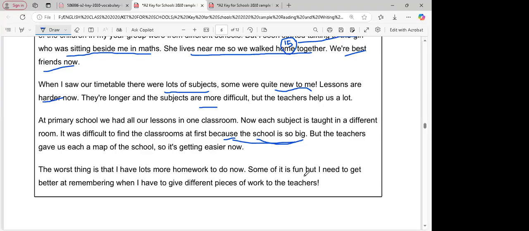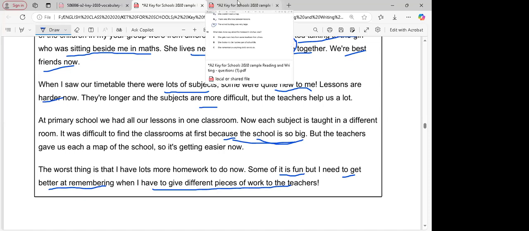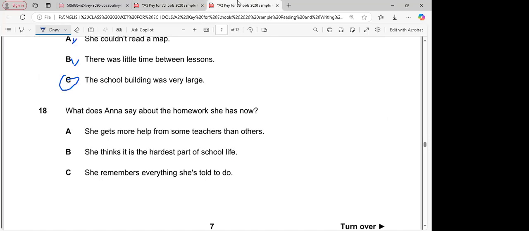Some of it is fun, but I need to get better at remembering when I have to give different pieces of work to the teachers. So it's probably a little harder for her to remember it, what she's trying to say here, no? Now she has different subjects and different teachers giving different work.